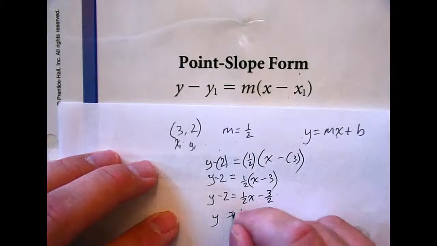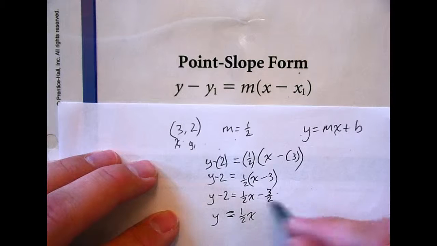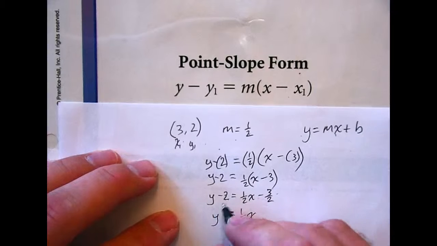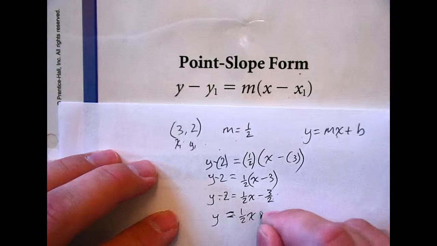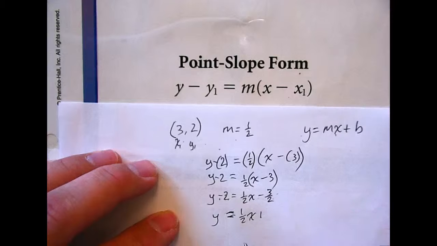What's 3 halves plus 2? 3.5. 7 halves. What's 2 in terms of halves? How many halves are in 2? 4. 4 halves, right? You just multiply 2 by 2, you get 4 halves. So if I add 4 halves to this side, what do I get?